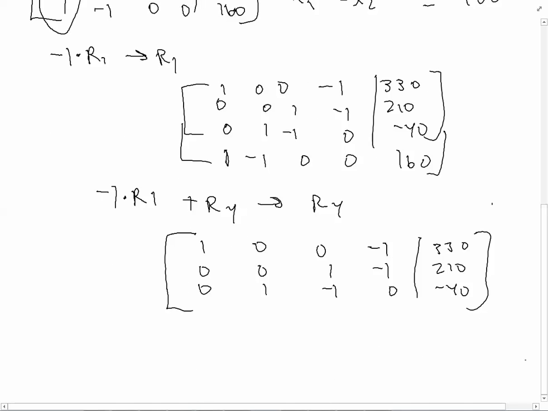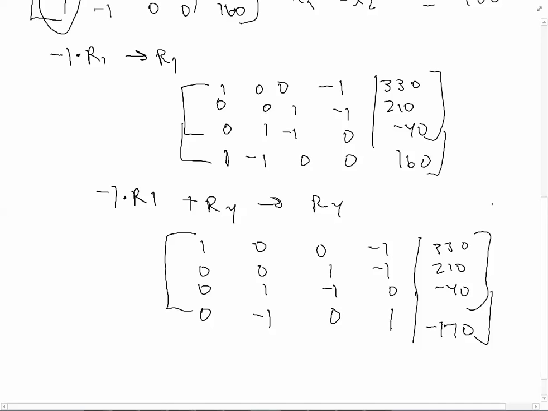And now in this row, I have to take -1 times 1 and add it to 1, which is 0. And -1 times 0 plus -1 is still -1. -1 times 0 plus 0 is 0. -1 times -1 is 1 plus 0 is 1. And then I have to take -1 times 330, which is -330, plus 160 will give me -170, I believe.